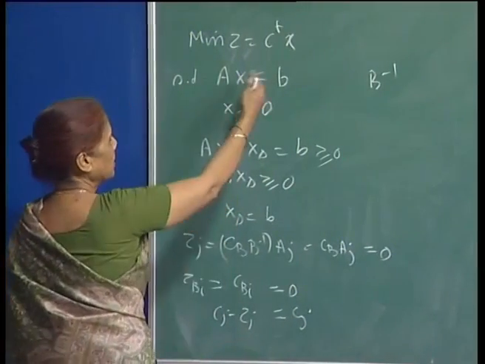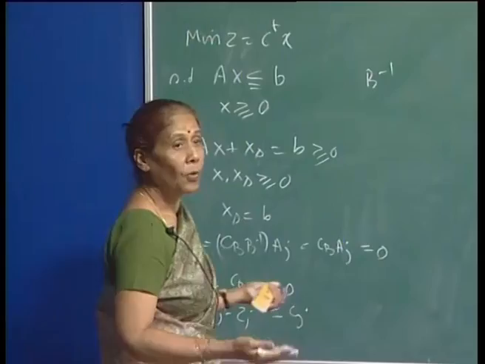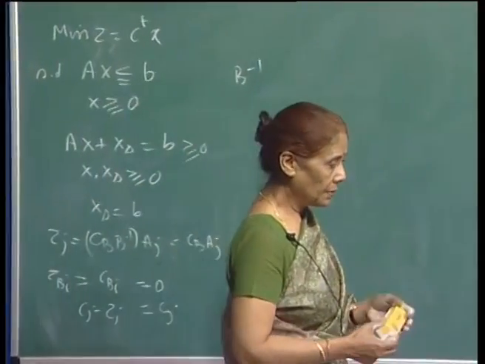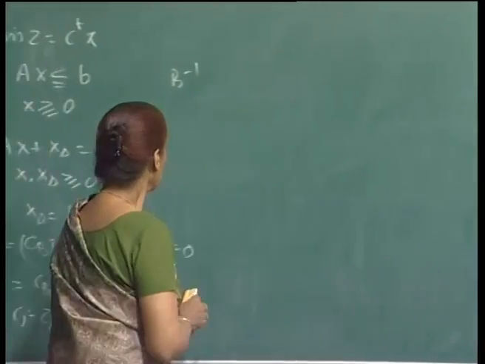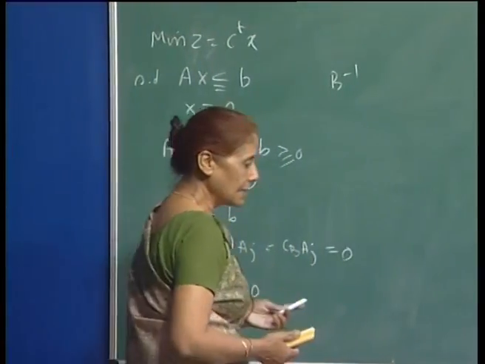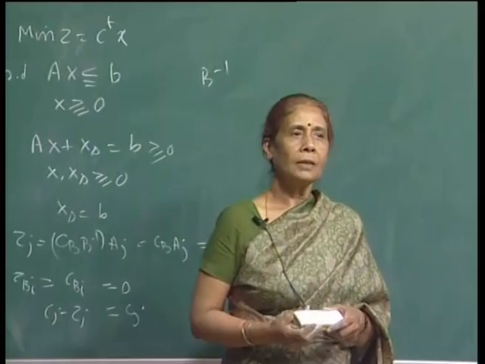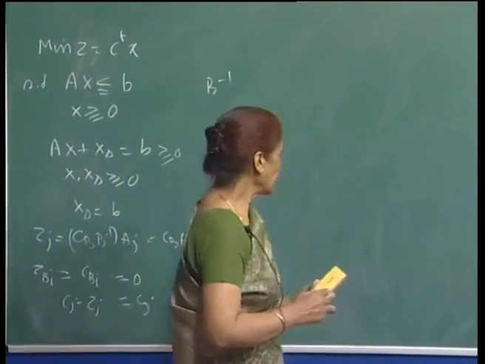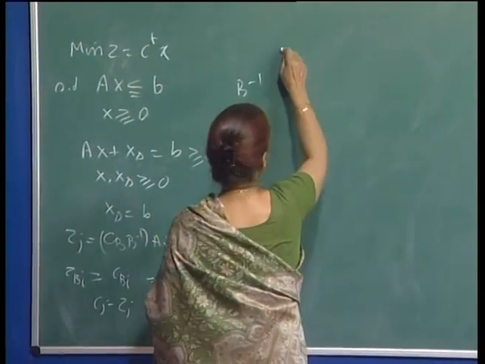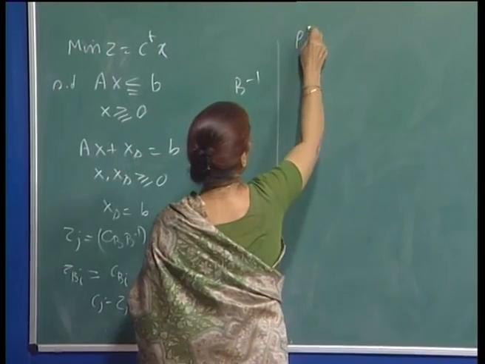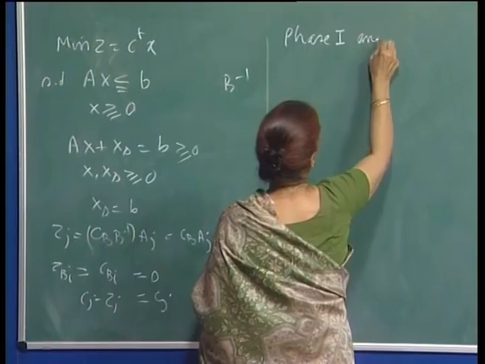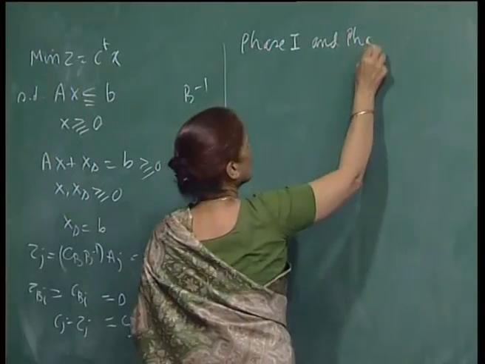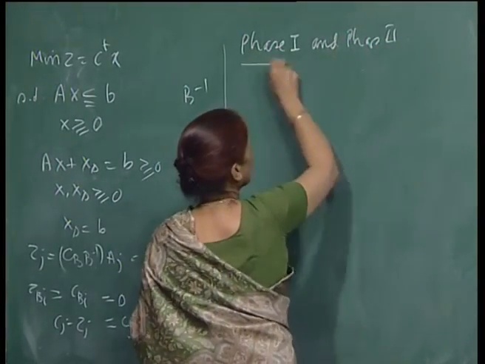Your constraints may be greater than kind, less than kind, or equality kind. As I told you, we will mostly study the standard form of the LPP. So we need to have a mechanism for getting a starting basic feasible solution. So I'll give you first one basic thing here. This is the phase 1 and phase 2 method.